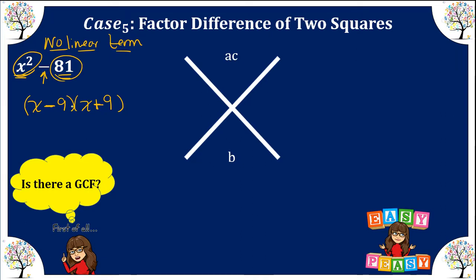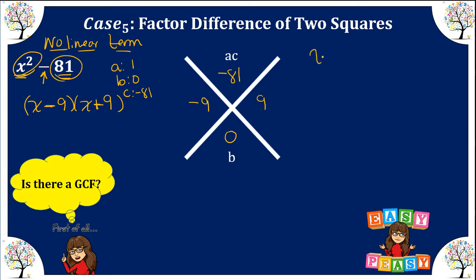Now let's say you didn't recognize this. Our a term is 1, our b value is 0, our c value is -81. We have a times c. We have our b value of 0. The two numbers are going to be -9 and +9.